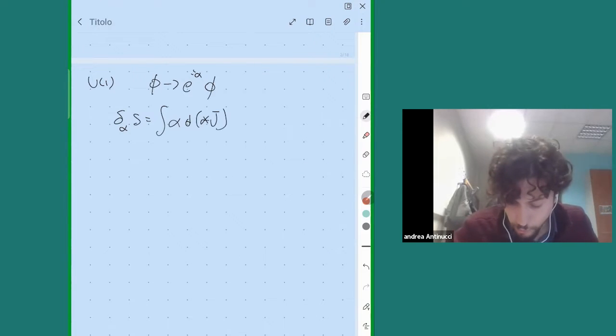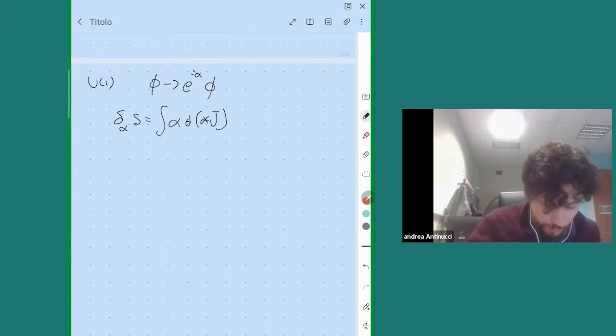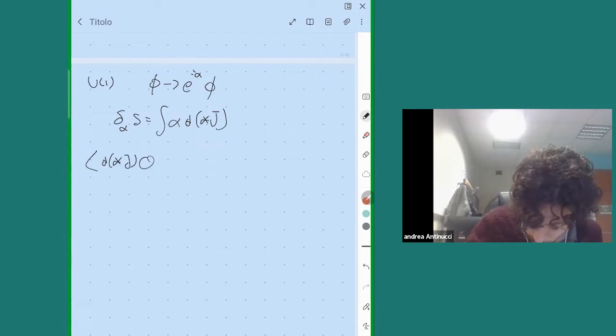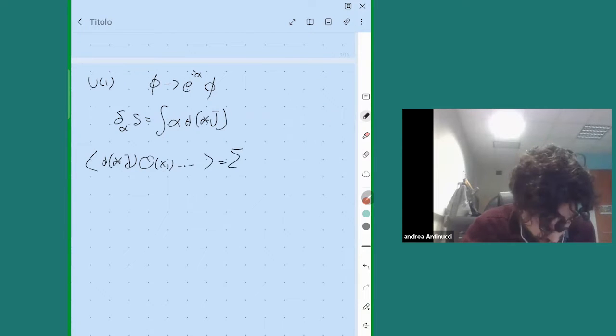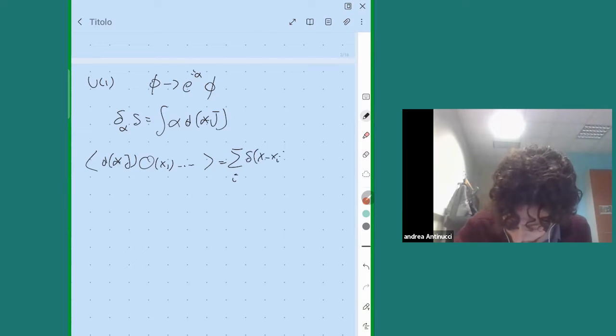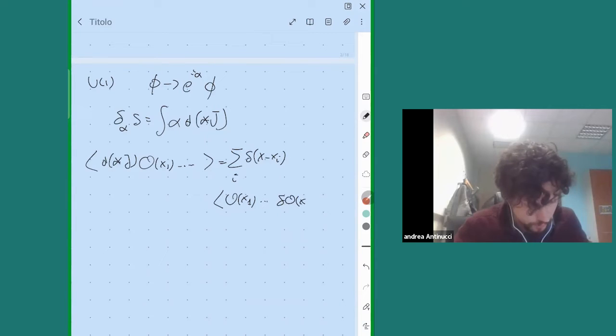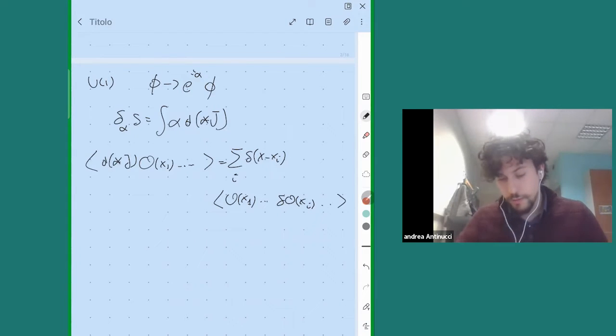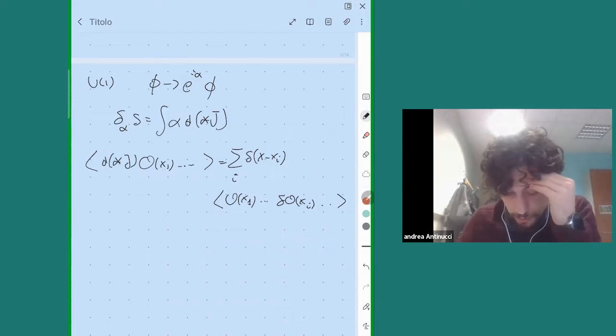This is the way to prove first the Noether theorem, and then if you do it in the path integral, you will prove the Ward identities, which take this form for d star j, with insertions of local operators and delta functions. Okay, very good. Now, this is where typically standard textbooks stop, but you can continue.